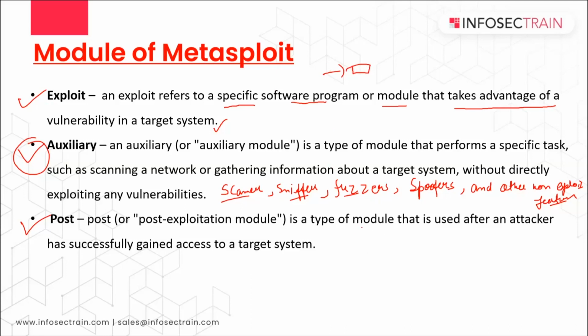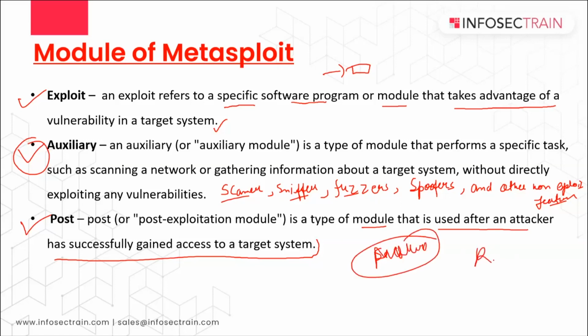So it is a type of module that is used after an attacker has successfully gained the access to the target system. Like I can start a service over there. Okay, I can run a kind of malware, or let's say a remote connection or backdoor I can create. Now run it as a legitimate service, right? Change its name to a legitimate service.